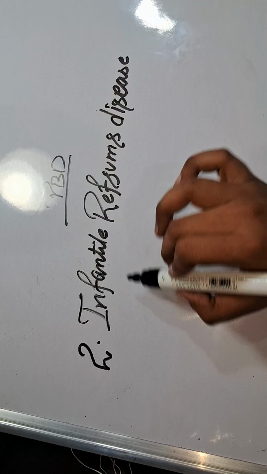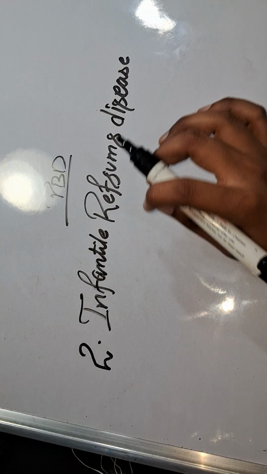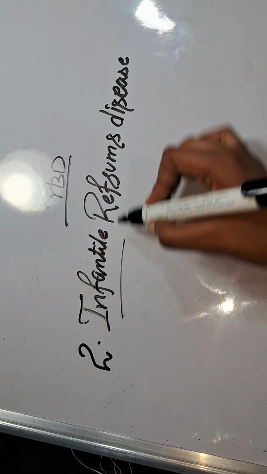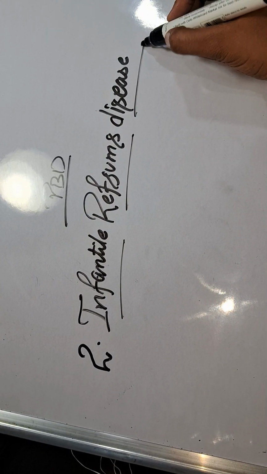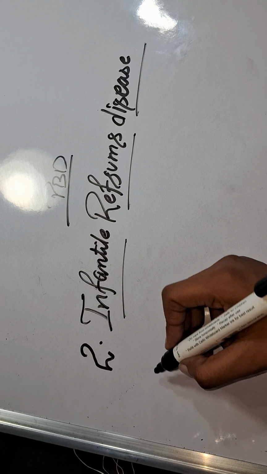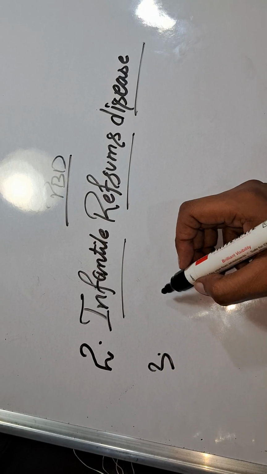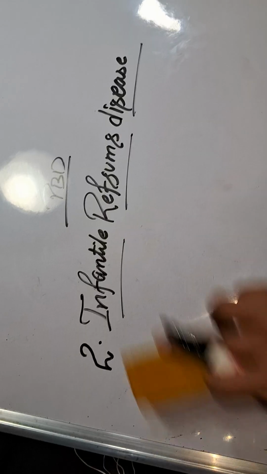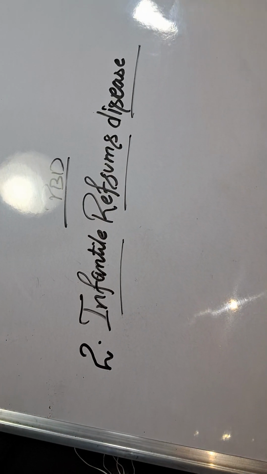Okay, infantile Refsum's disease. No need to go into detail. Depth is not needed. Just a name is written over here. Infantile Refsum's disease. I think that's sufficient for the peroxisomes.